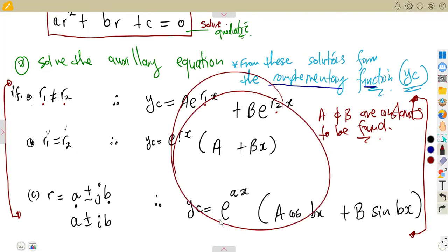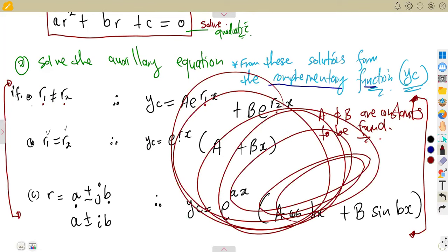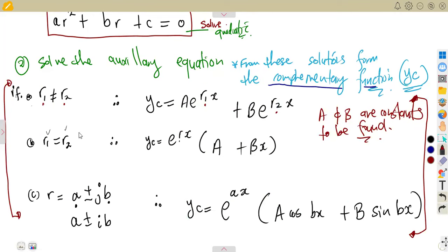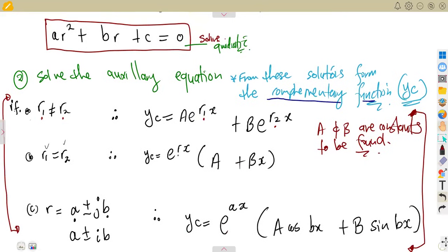This will be the complementary function, one of these, depending on the solution. So the complementary function is controlled by the solutions from the auxiliary equation. It is the one determining our complementary function.